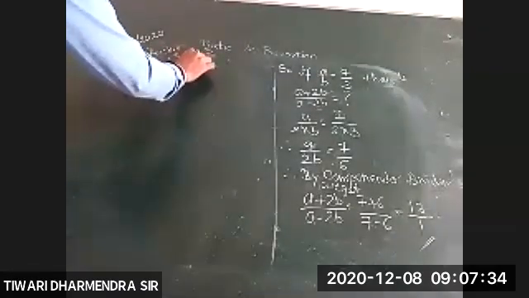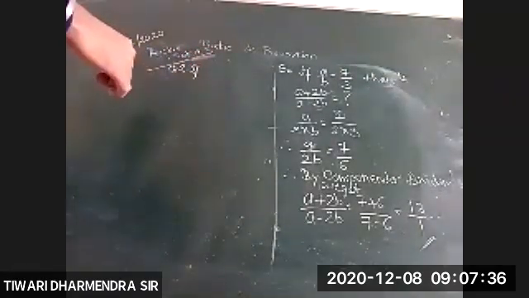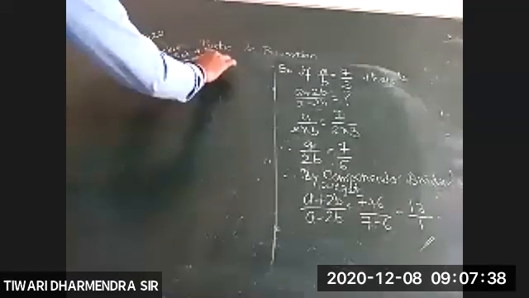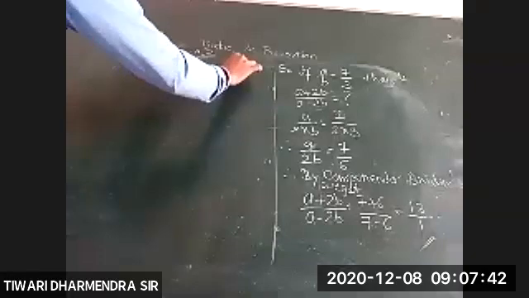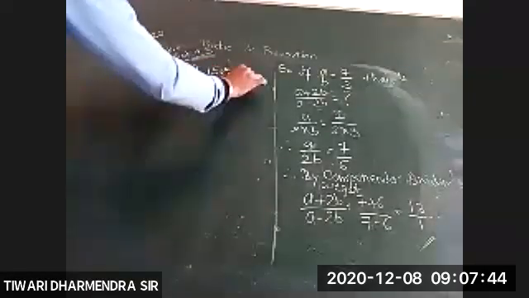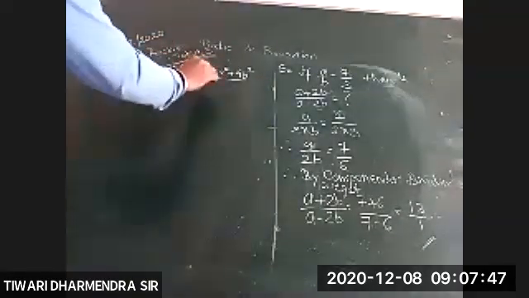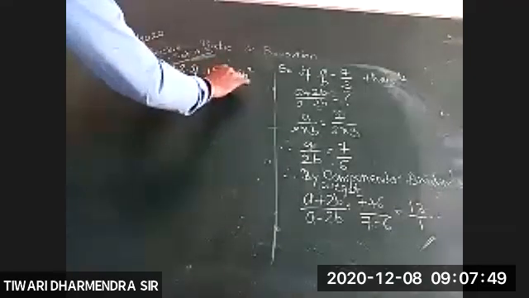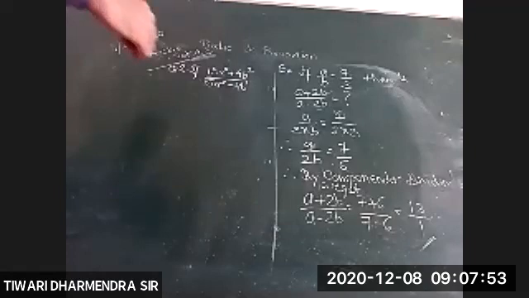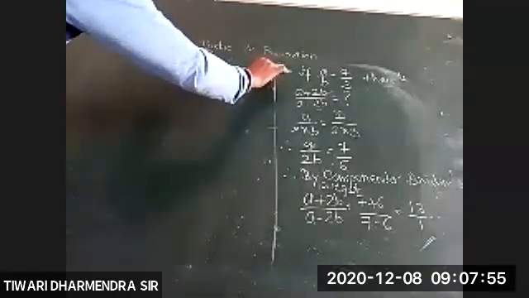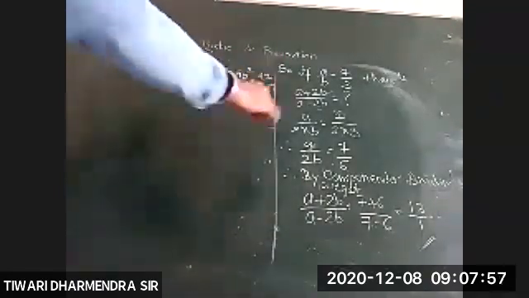If 15a square plus 4b square upon 15a square minus 4b square is equal to 47 upon 7.